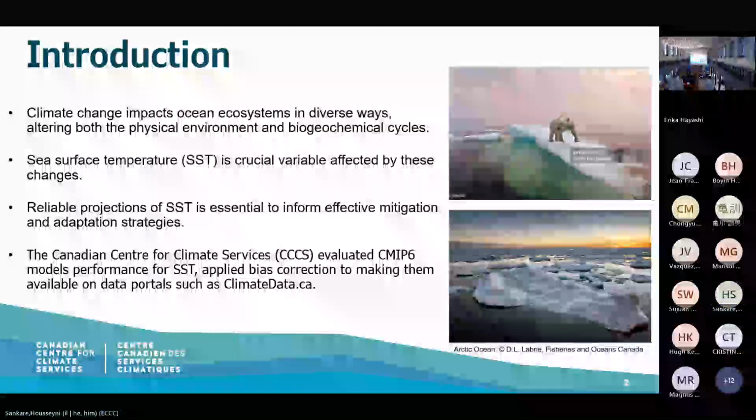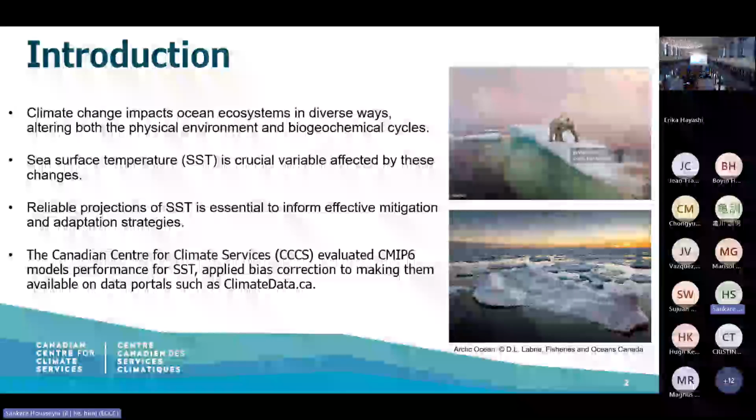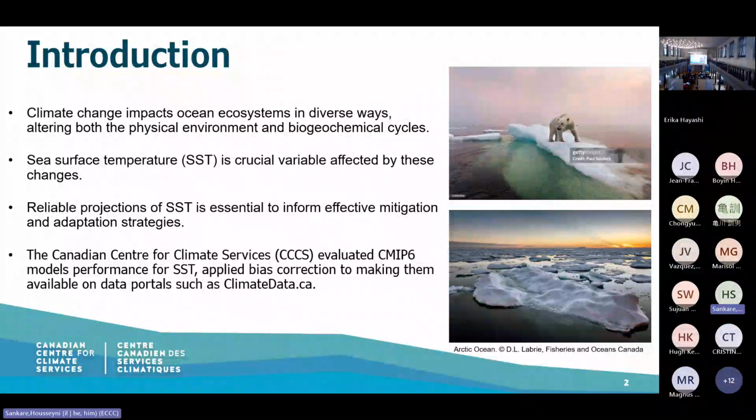Climate change impacts ocean ecosystems in diverse ways, altering both the physical environment and biochemical cycles. Sea surface temperature is a crucial variable affected by climate change.